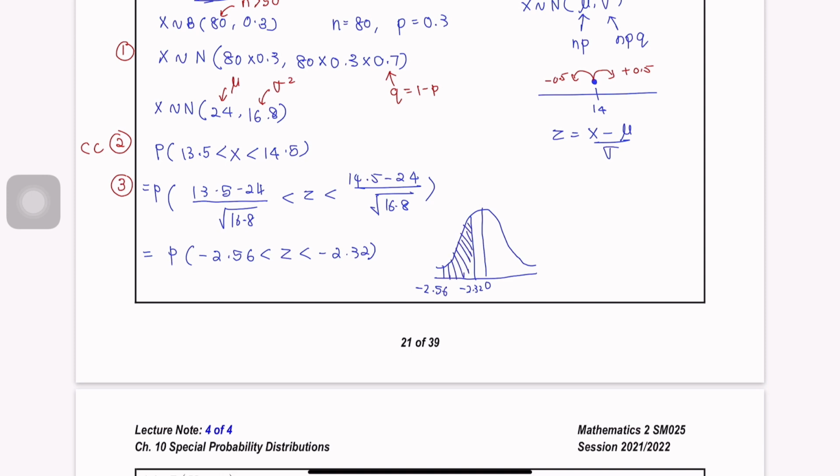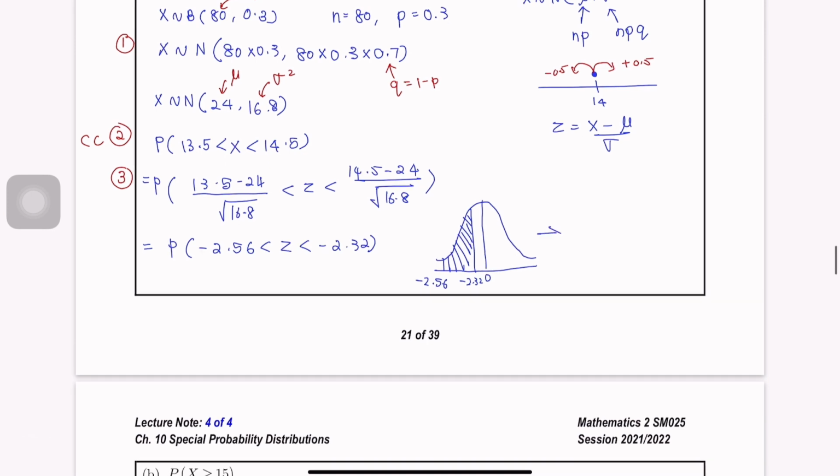If you want to use the normal table, we need to change it to the positive side. So negative 2.32 becomes positive 2.32, and negative 2.56 becomes positive 2.56, and the area is just the same.